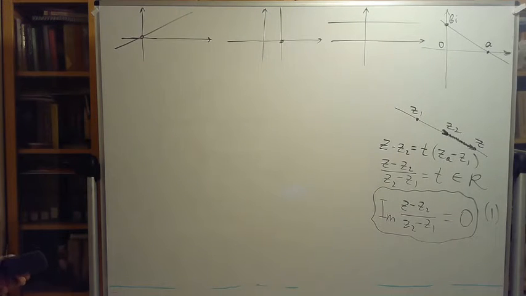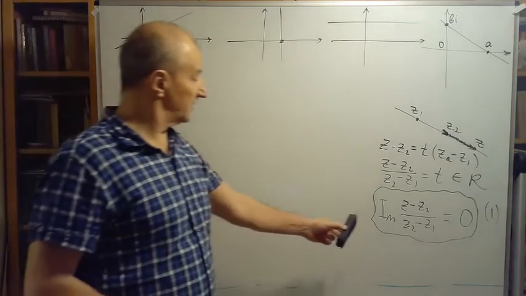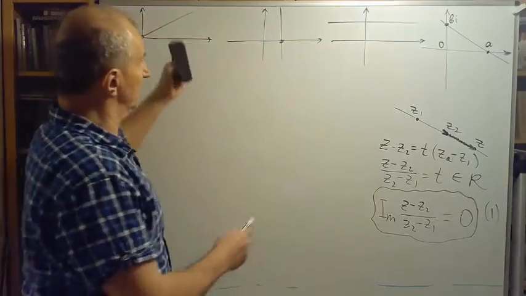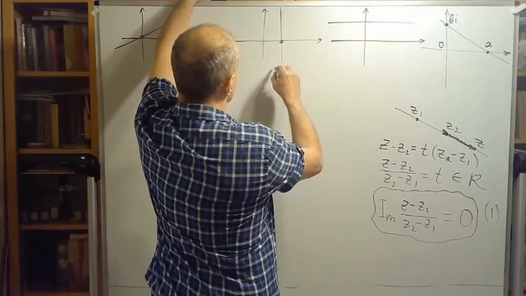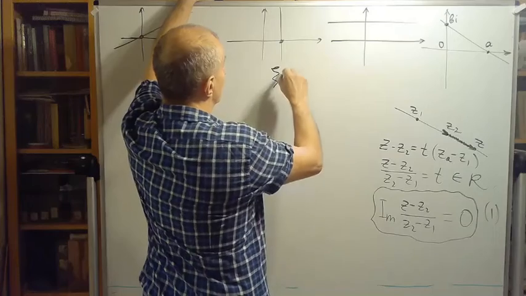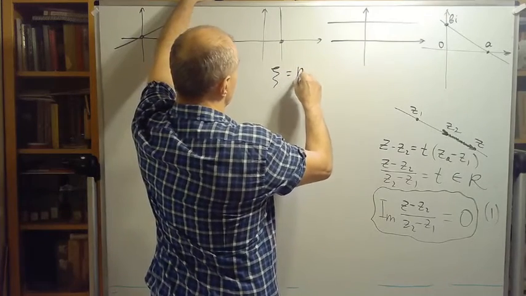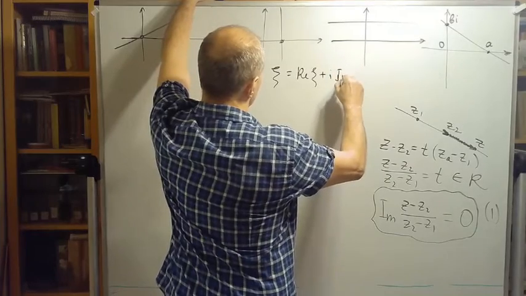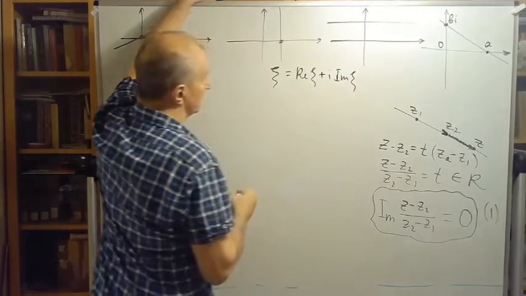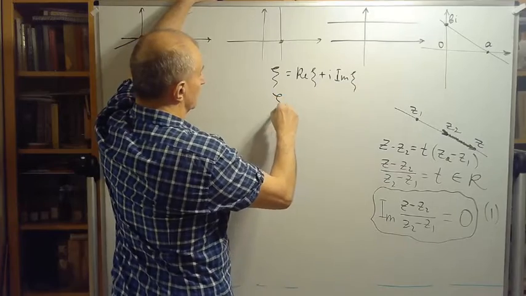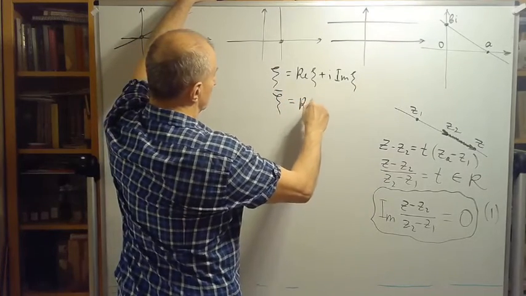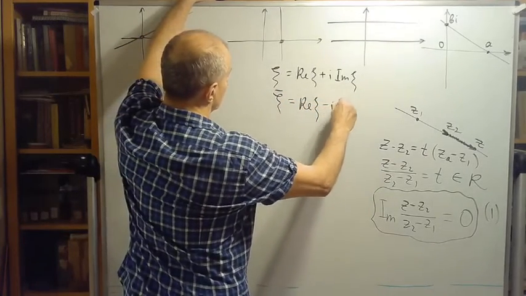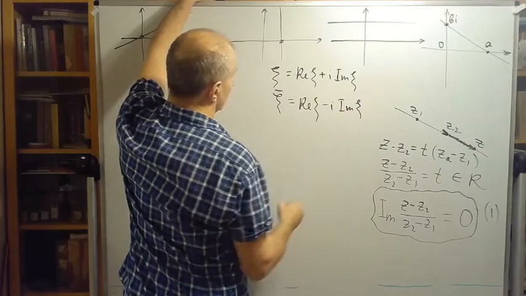What else should we do? What about the imaginary part? We know that for any number, for instance number psi, which is equal to the real part of psi plus i times the imaginary part of psi, and psi conjugate will be the real part of psi minus i times the imaginary part of psi.